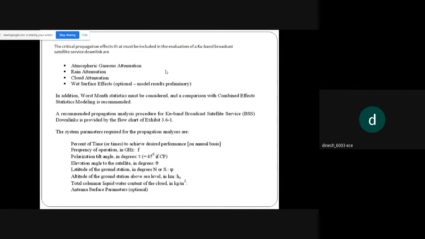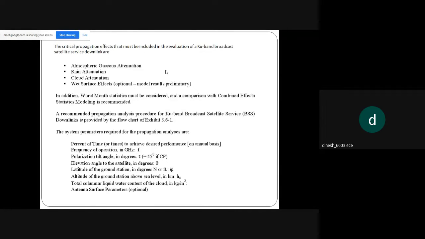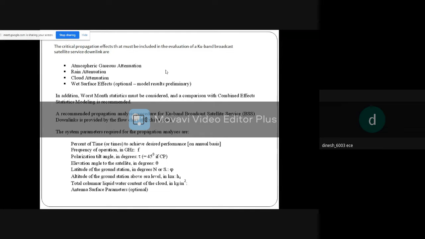The main propagation effects that must be included in the evaluation of Ku band broadcast satellite service are atmospheric gases attenuation, rain attenuation, cloud attenuation, and wet surface effects.